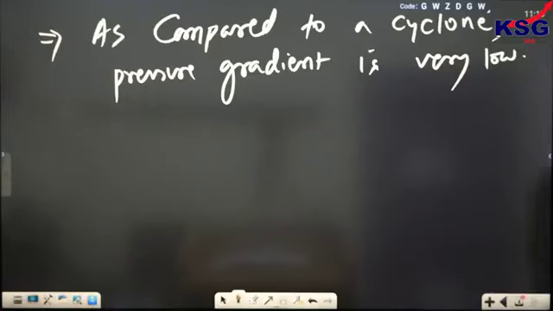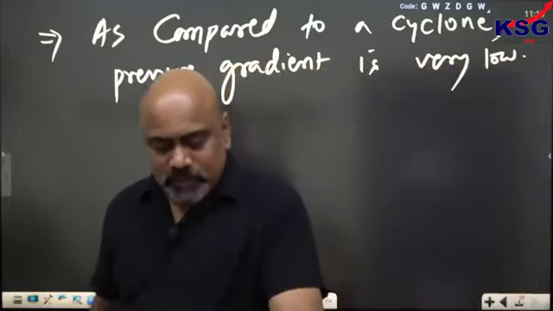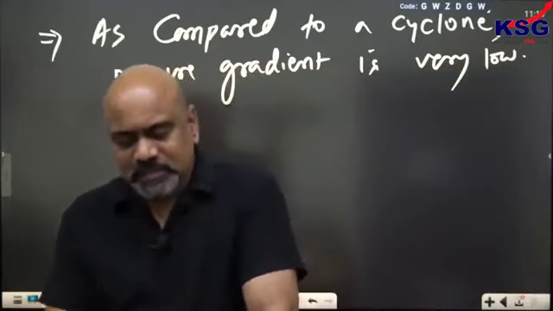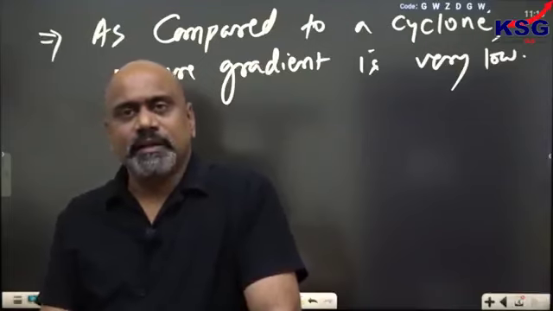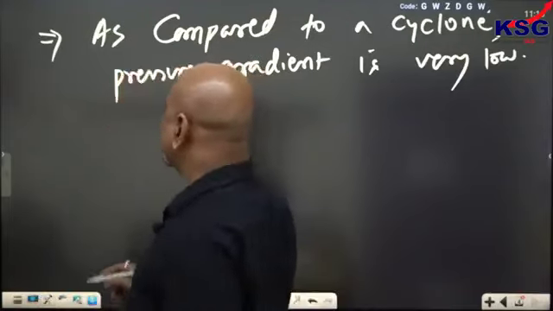I said it has very low pressure gradient. Very less or low pressure gradient. Okay. There is subsidence of the air, I said, in an anticyclone. That's why the velocity of wind is very less.